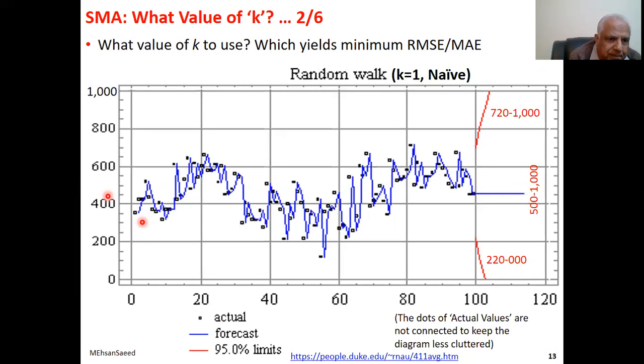You can see the blue dot is at the same level as the black dot. These red lines are the 95% limits. 95% in statistics is the statistical significance value. It is normally taken as 95%.